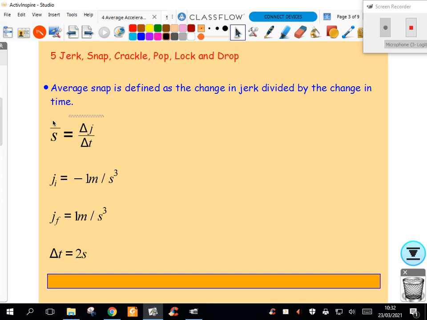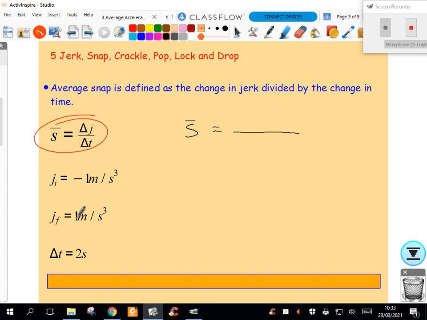Again, you see these things. Hopefully the formulas are looking pretty much the same every time. So to find the average snap, we have to be a little bit careful here. I'm using an S here for snap, but we don't want to confuse that with the letter we use for displacement. So it's the change in jerk divided by the change in time.